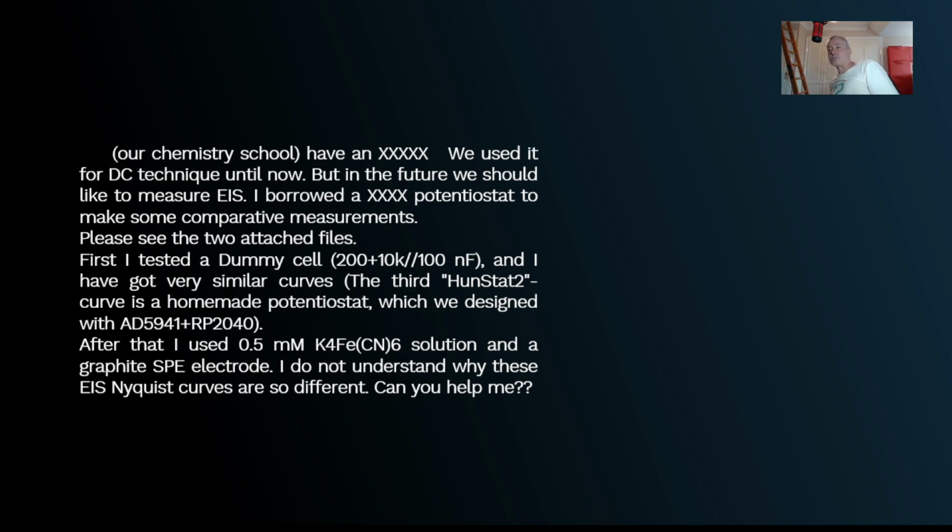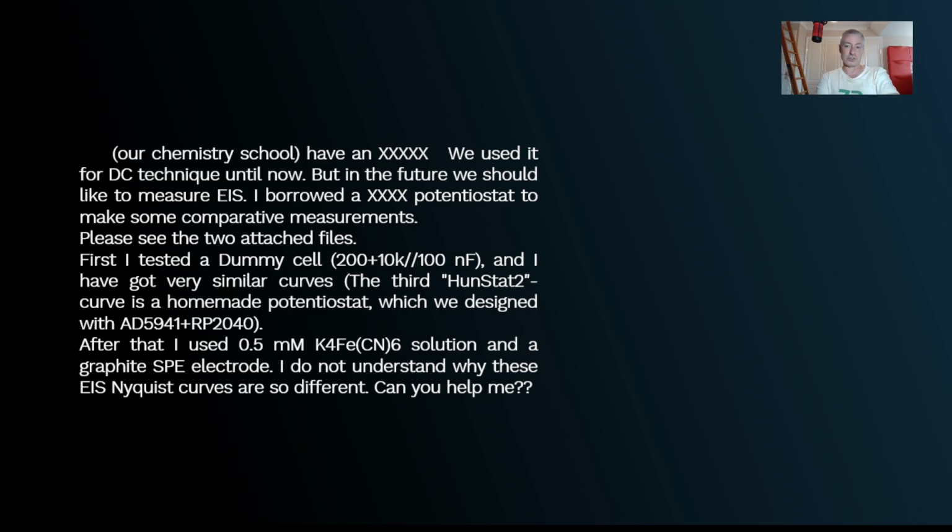What they're saying is that when they have a dummy cell, they get very reproducible Nyquist plots. If you're not sure about Nyquist plots, ZP does have educational videos about this. They've made this homemade potentiostat, and all three potentiostats line up when using a dummy cell.